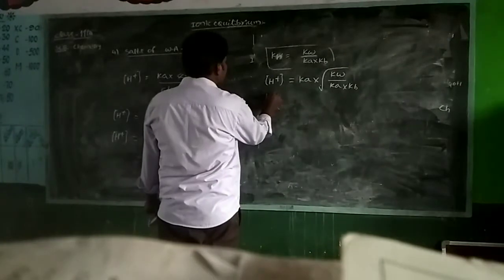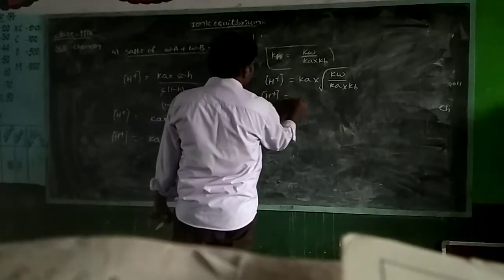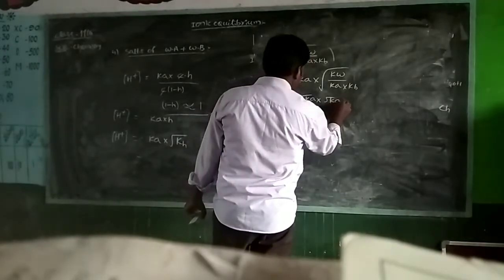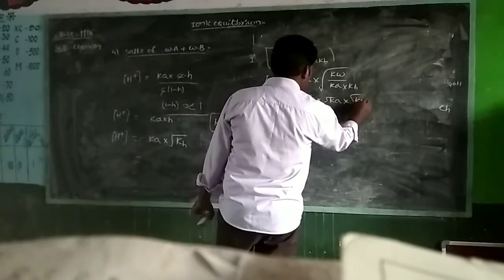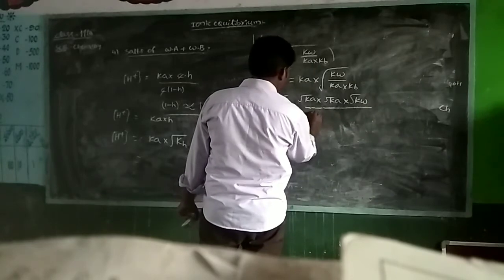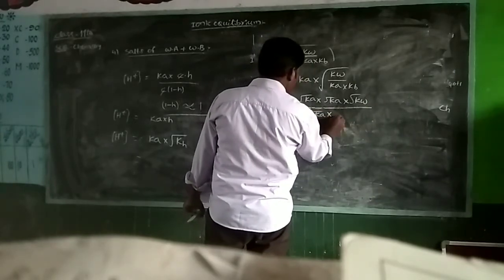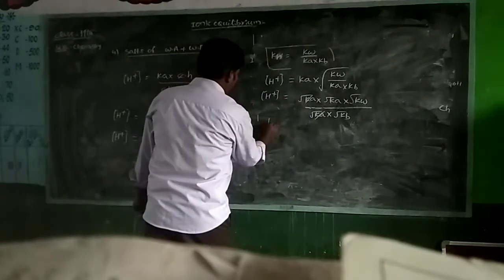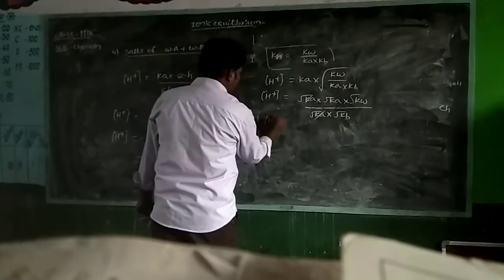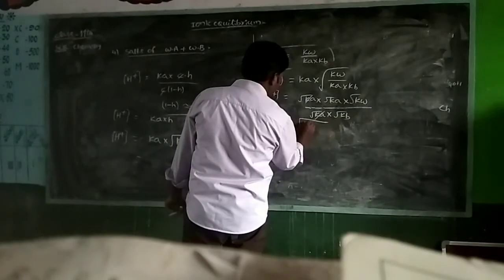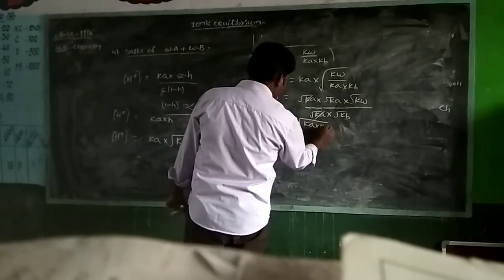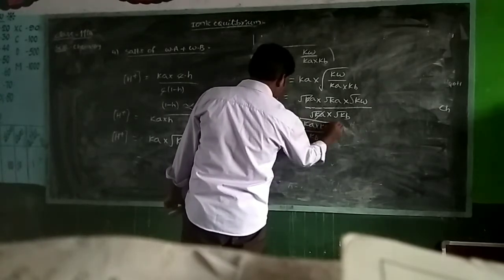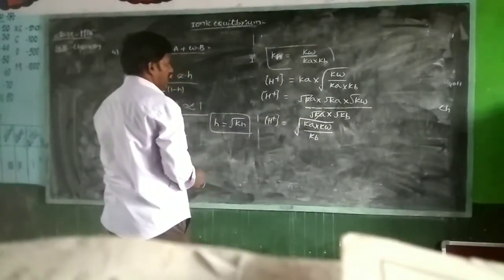You can simplify this: root Ka into root Kw upon root Ka into root Kb. Ka gets cancelled. H plus concentration is equal to root of Ka into Kw by Kb. This is the H plus concentration.